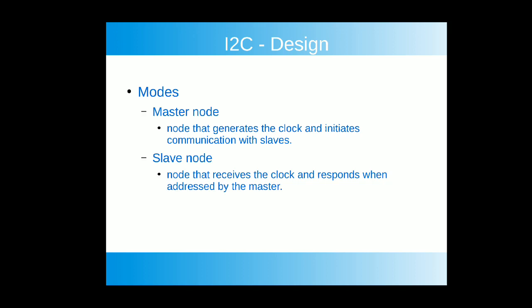In slave mode, slaves always check for the clock and data on the SCL and SDA lines. And if the slave finds that the address specified on the SDA line is the same as the slave's address, then it will respond. So in slave mode, the slave node receives the clock and responds when it is addressed by the master.